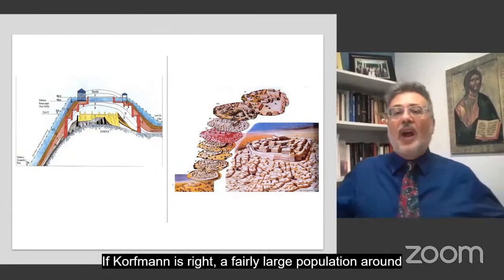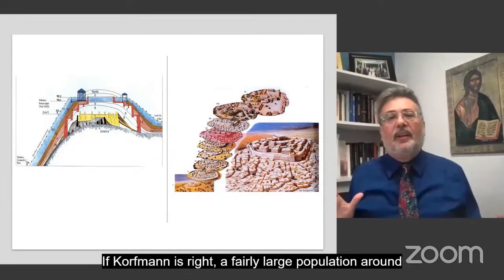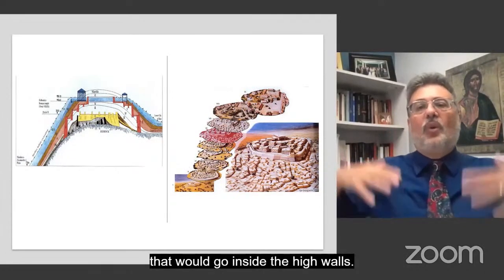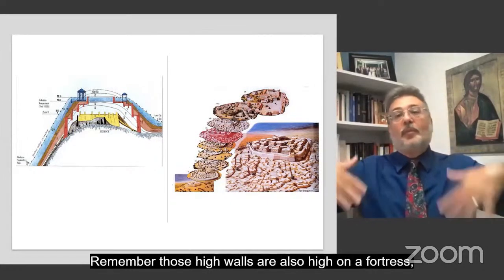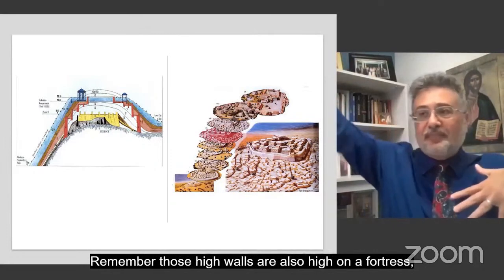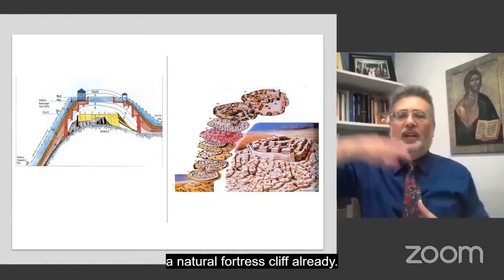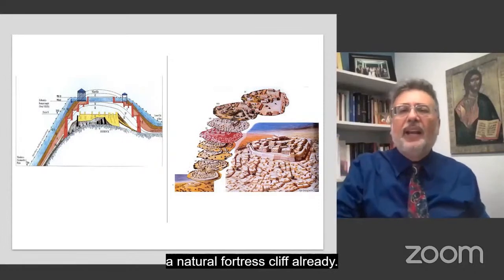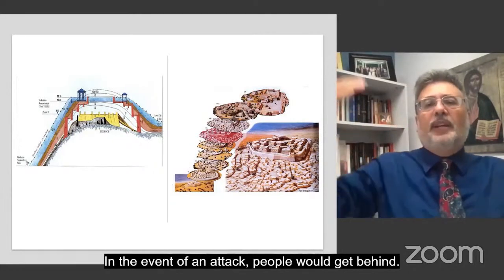If Korfmann is right, a fairly large population around that would go inside the high walls. Remember, those high walls are also high on a fortress, a natural fortress cliff already. In the event of an attack, people would get beyond.